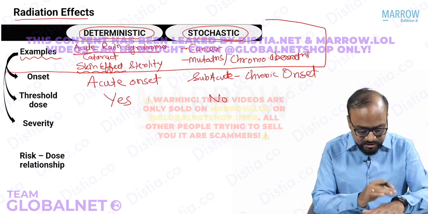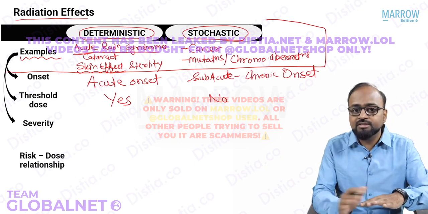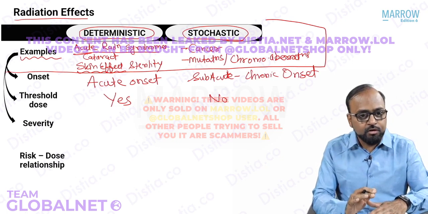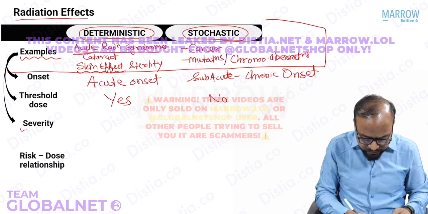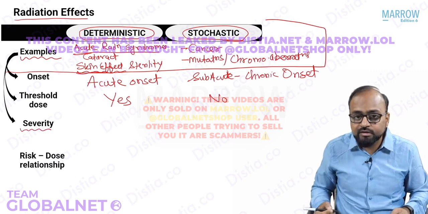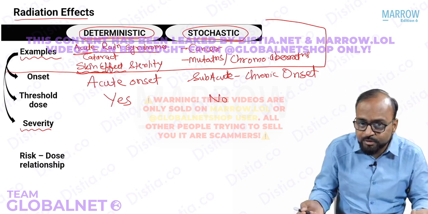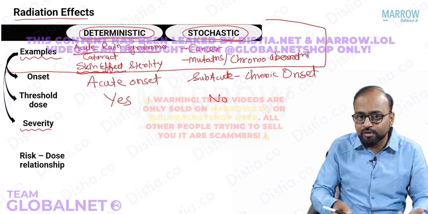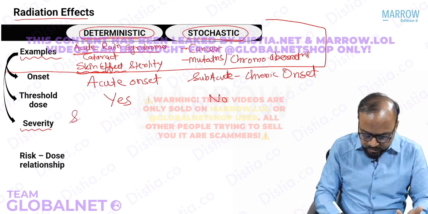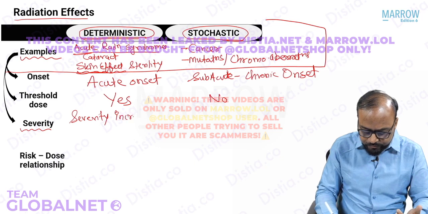There is skin necrosis, skin ulceration, right, which will occur. So do you realize that the severity of the skin effect is increasing with dose, isn't it? And skin effect is what type of effect? Deterministic effects. So we know for deterministic effects, the severity increases with exposure dose.